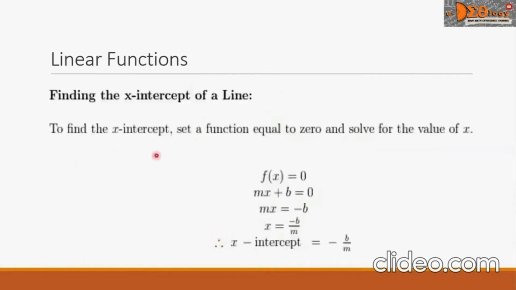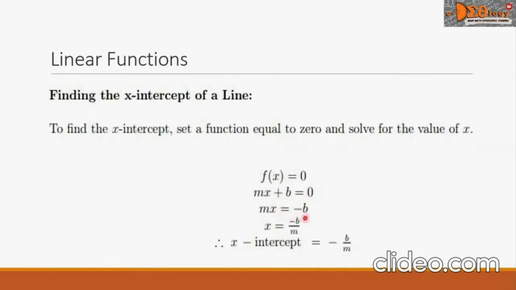To find the x-intercept, we set the function equal to 0 and solve for the value of x. So, given f of x equals 0, we have mx plus b equals 0, and this positive b is transposed to the right. The sign is changed, so we have mx equals negative b.